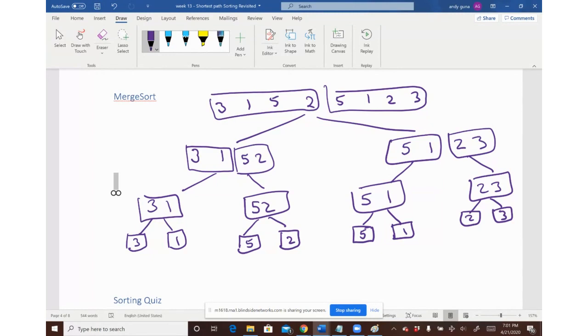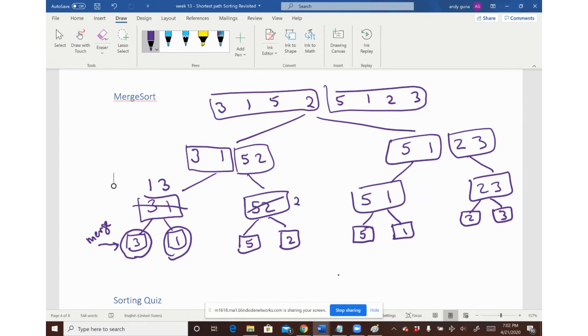So then the next process is the merge part. That's the big idea in merge sort, to merge two arrays of size 1 that are already sorted and get an array of size 2 that is sorted. And same thing here, we merge 5 and 2 and get an array of size 2, which is sorted.